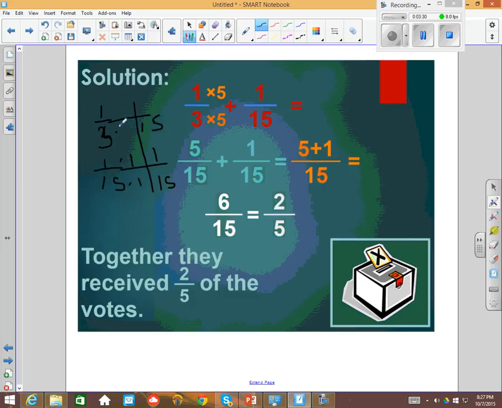What number times 3 is 15? Here's 5, and multiply it top and bottom. And that's basically what they did, but I think it's easier to see like this. So together they received 6/15, which reduces to 2/5 of the votes.